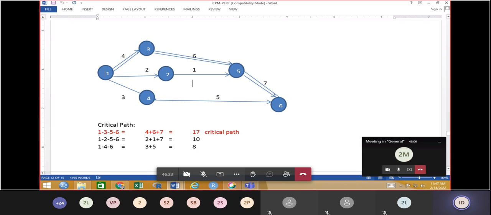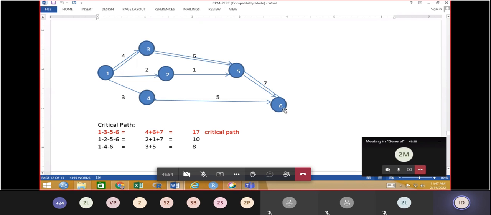Second path: 1 to 2, 2 to 5 and 5 to 6. Now 1 to 2 duration is 2, 2 to 5 duration is 1, that is 2 plus 1, 3 duration, and 5 to 6 is 7. So if you follow this path, 1 to 2, 2 to 5 and 5 to 6, a duration of 10 is required.